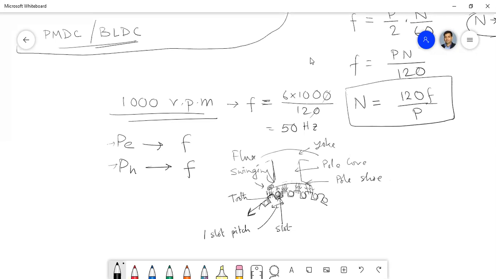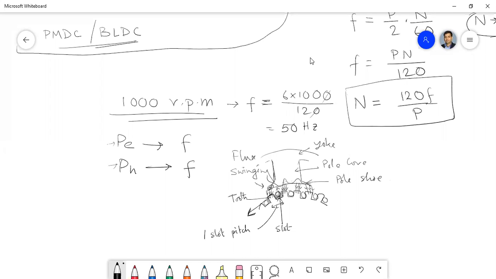Flux swinging phenomenon. That means here, if we draw it, you see the flux distribution is more here, less here, more here, less here, like this. Isn't it? So different portions of the pole shoes experience different flux densities.